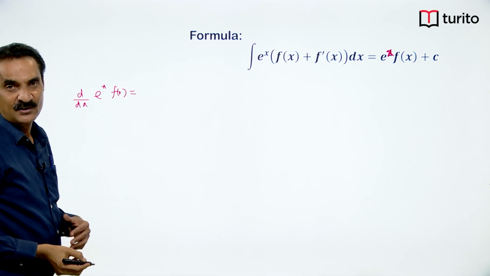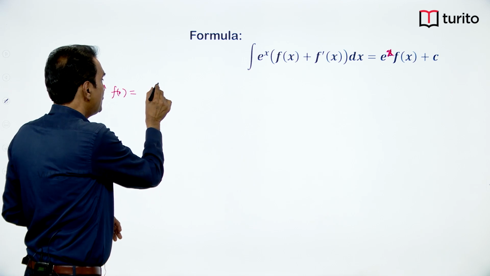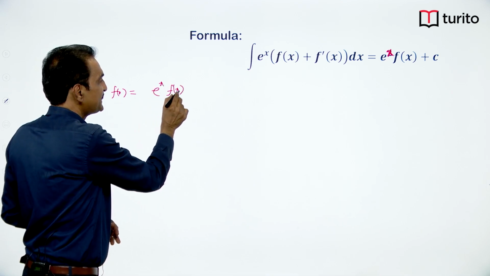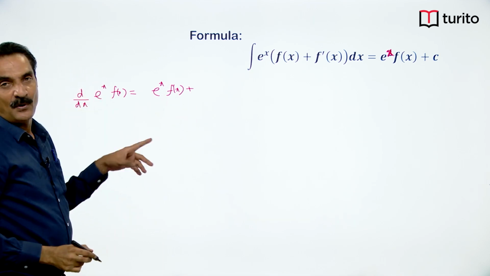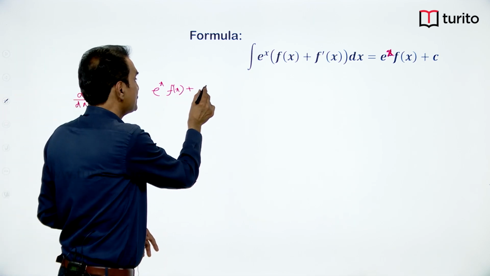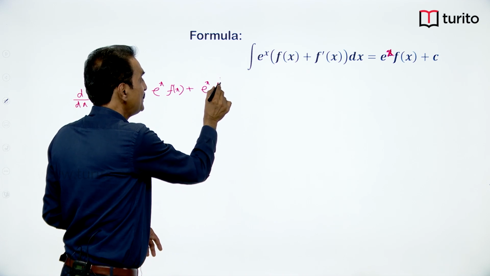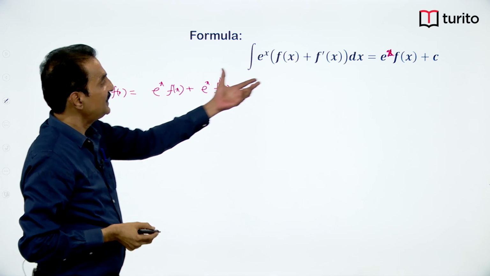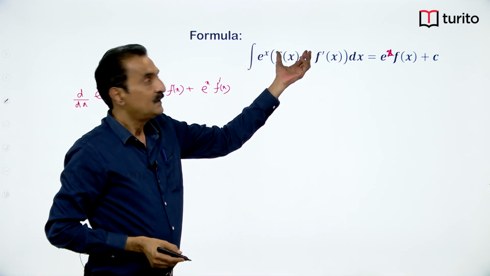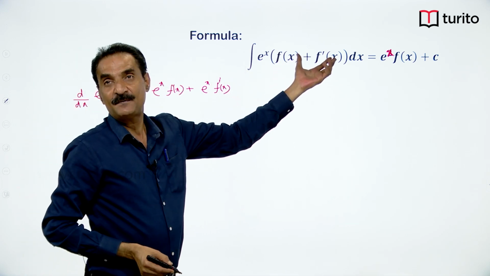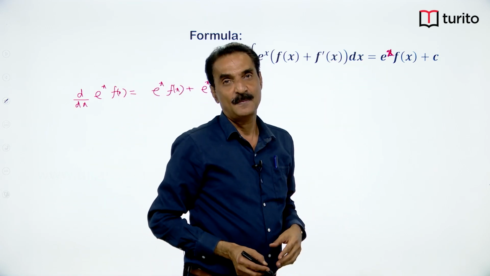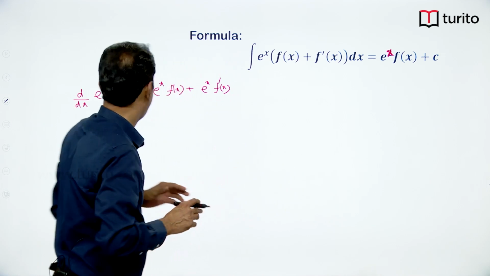By product rule, derivative of first function e power x into f of x plus e power x into derivative of f of x, e power x into f dash x. Now, taking e power x common, it becomes this. So, integral of e power x into f of x plus f dash x is e power x f of x plus c. This is a formula.